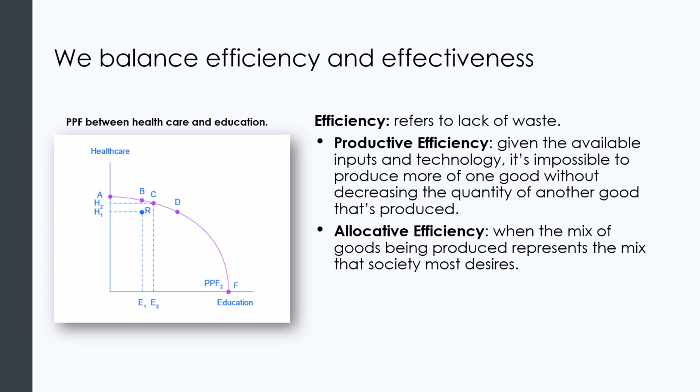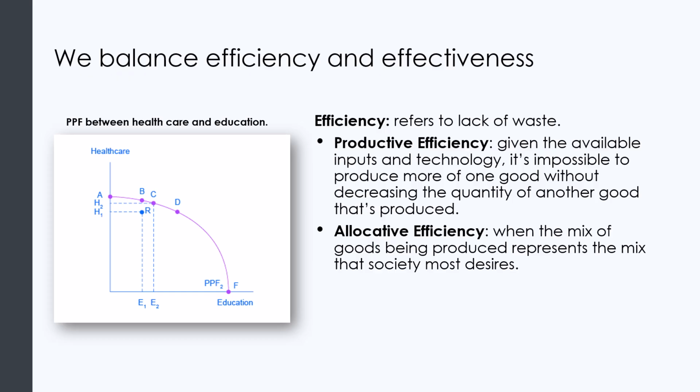So there is a yin and yang to that marginal push for resources and the bigger and bigger opportunity cost that we see. And it is up to us, and economists assume that our goal would be to balance efficiency and effectiveness, right? We want to have both.